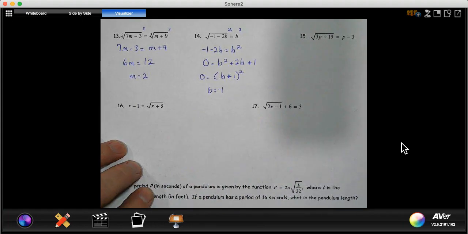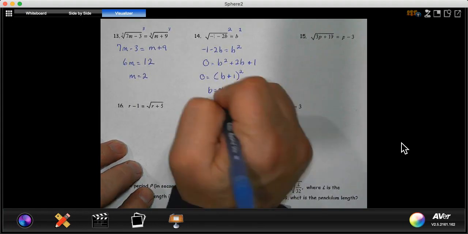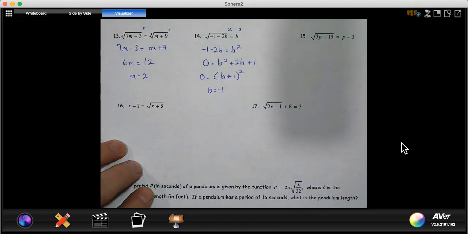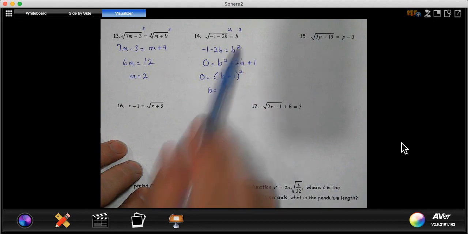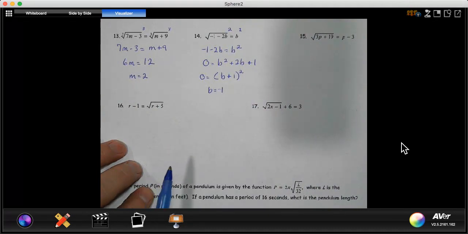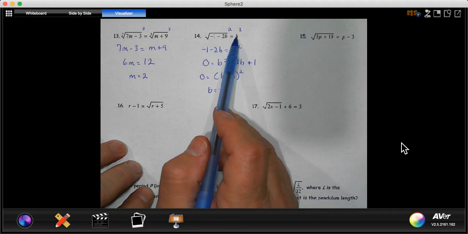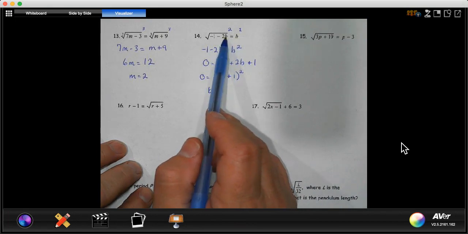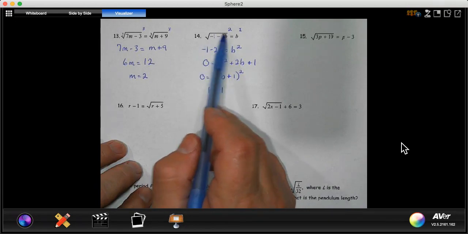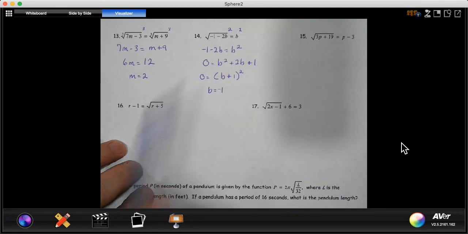Okay? So my answer is negative 1, but now I have to go back to my original and see if this makes sense. If I put a negative 1 there, and I put a negative 1 there, they don't equal each other. There's no way I can take the square root of a number and ever get it to be negative 1.